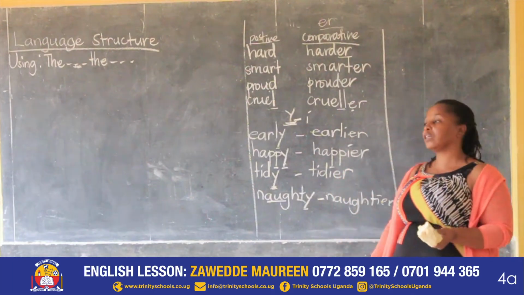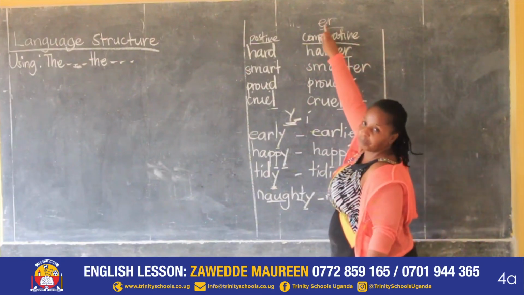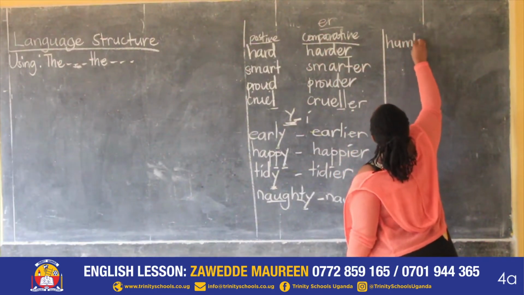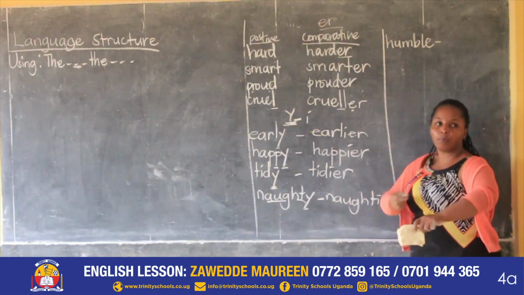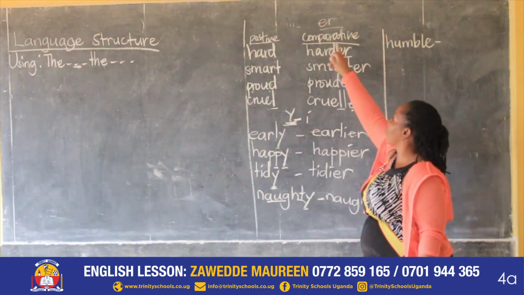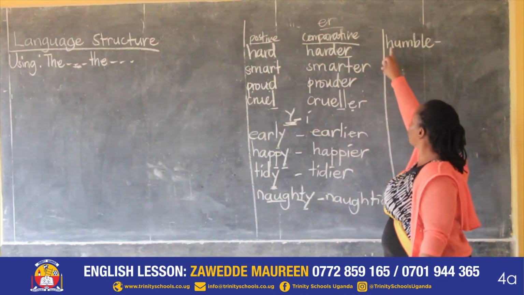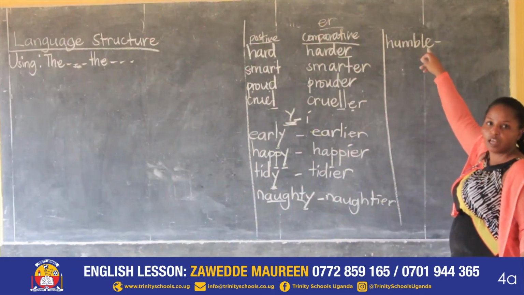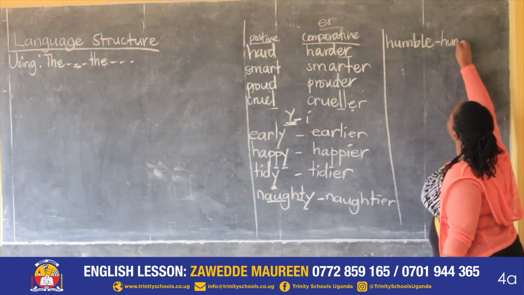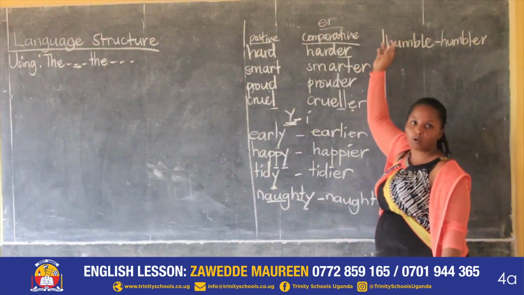Then we also have adjectives that end with letter E. Remember the concept, you add ER. Then there are some which end with letter E, like the word humble. When I want the comparative, the concept is you add ER. But when you come across an adjective that already ends with letter E, what you do is just add R only, because the E is already there.